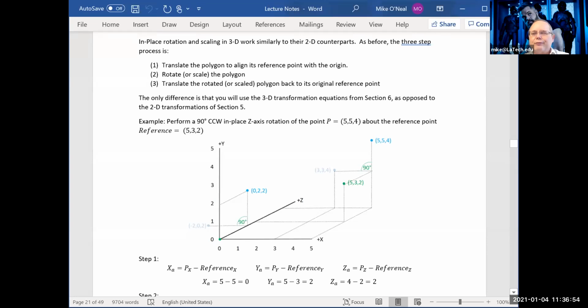Okay? So if you were to implement rotation and scaling the way I'm showing it here, it would be slower. In fact, you could argue 3 times slower, because you have to do a translation of every point, you then have to do the rotation or scale of every point, and then you have to do the translation back.